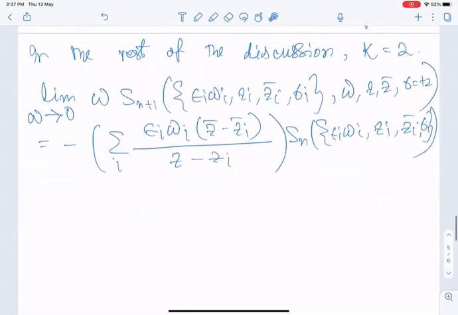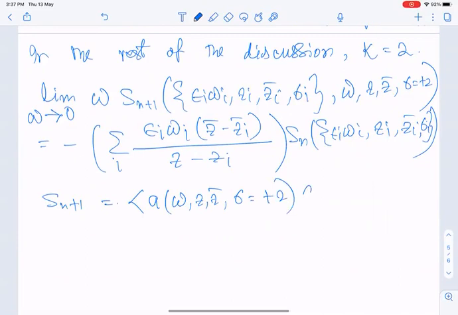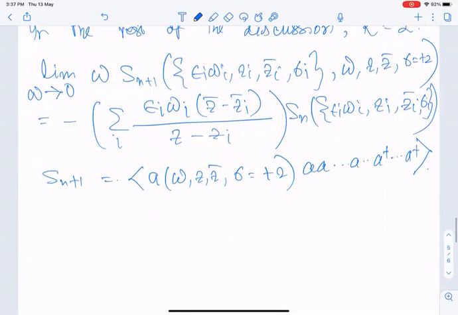Okay, so now we can write this S matrix as, since this is an outgoing graviton, if you write it in this way, A omega z bar sigma equal to plus 2, and a bunch of A's, and then a bunch of A daggers. Then you can see that you can take this limit inside.